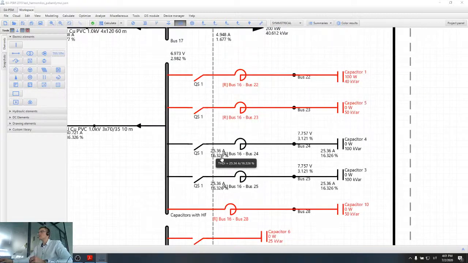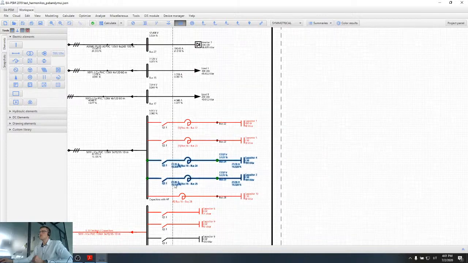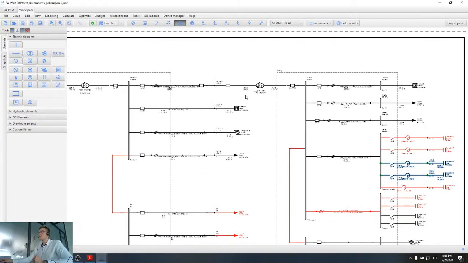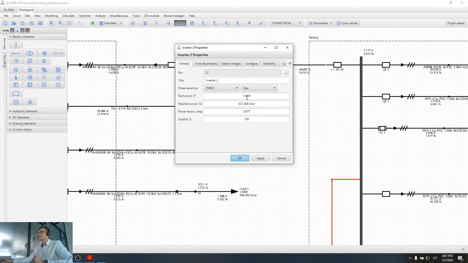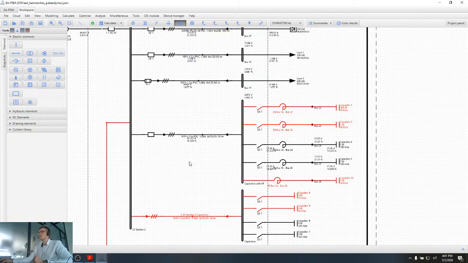So the idea is that these filters are not very sensitive to things that are going on in the distribution network. Therefore they are the most common alternative in industrial networks that you can recommend for your clients using EA-PSM software.